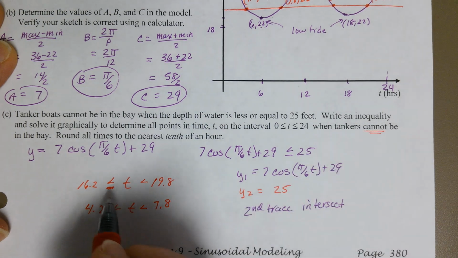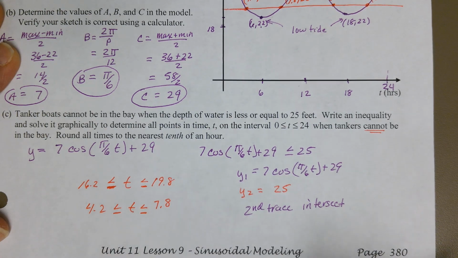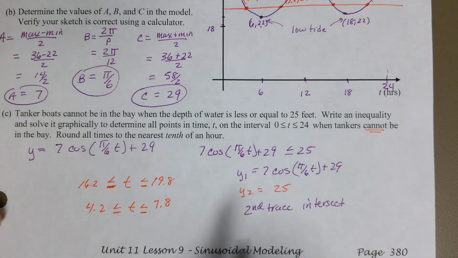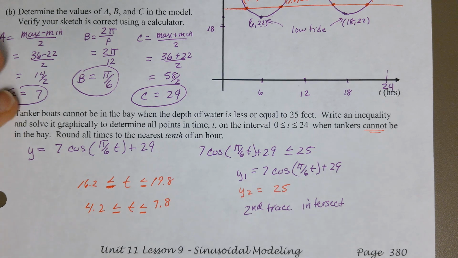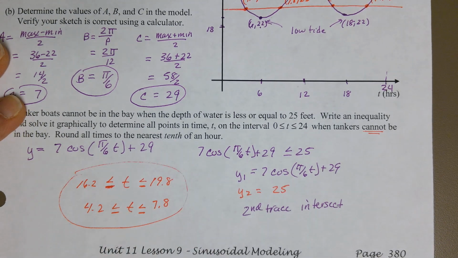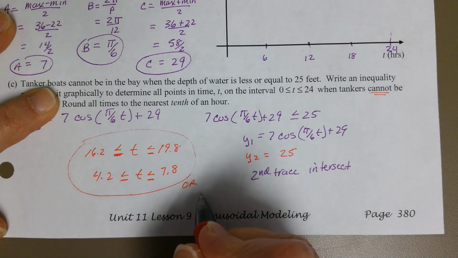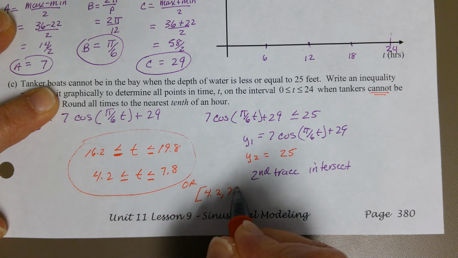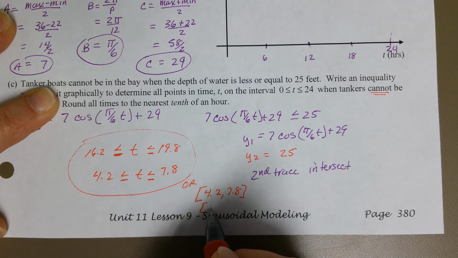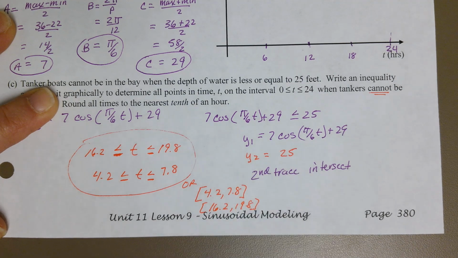One cannot be in the bay. All right, they should have the equal to, I was thinking one can be, one cannot be in the bay. So these two inequalities are our answers. Or just remember that we could have interval notation, 4.2, comma 7.8 in brackets, and 16.2, comma 19.8 in brackets.